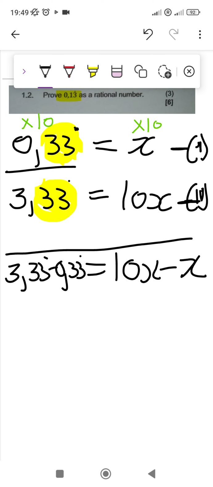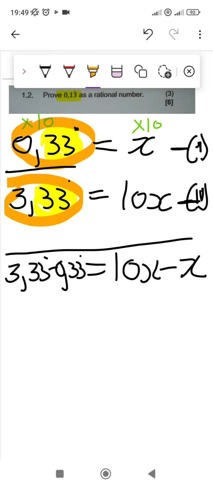Remember, these are both recurring. So what am I doing? We are taking this one minus this one, top one minus bottom one, and similarly over here. That's where we got this statement over here.